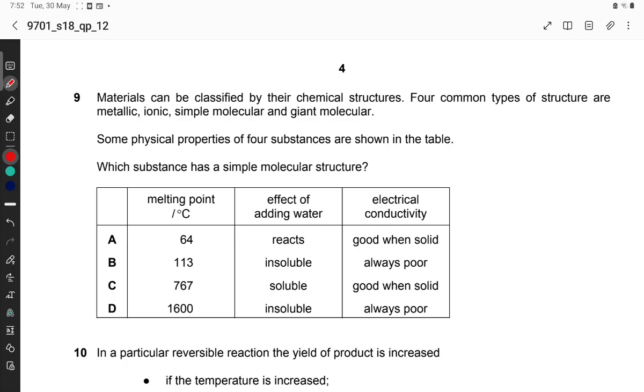Ionic and metallic bonds have a high melting point, so the simple molecular structure could be 64 or 113. 767 is for ionic bonding. Now look at the effect of adding water.